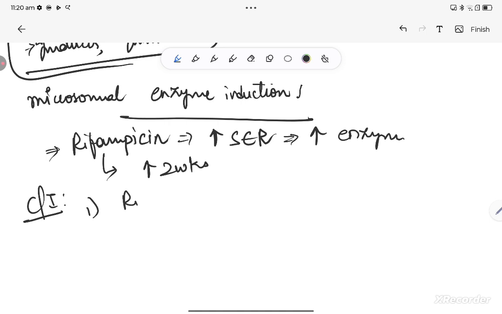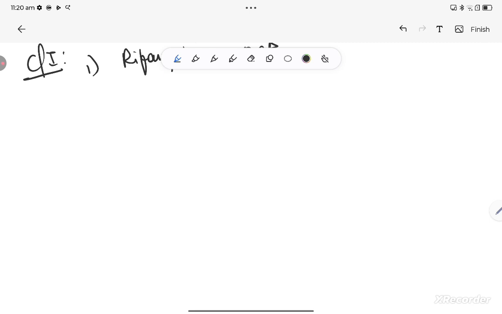Very, very important. Let us take a clinical case scenario. A female came to you on OC pills, and she recently got diagnosed as TB, sputum positive. So without taking proper history, the OBG started her on rifampicin, ATT.